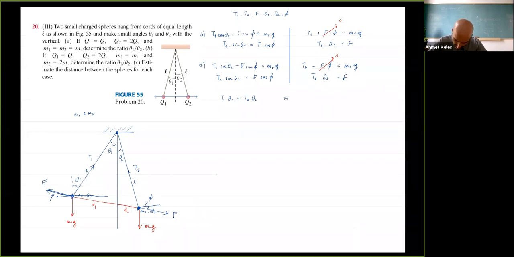M1 times G times θ1 is equal to M2 times G times θ2. So if you clear these guys, you have what the question is asking. θ1 over θ2 is equal to M2 over M1. Okay, that's the first result. Maybe I can box this in.